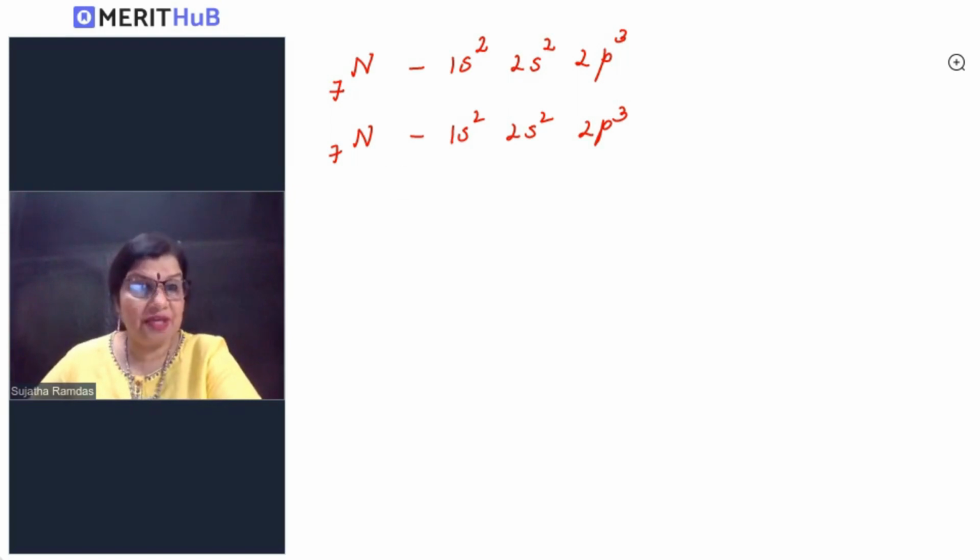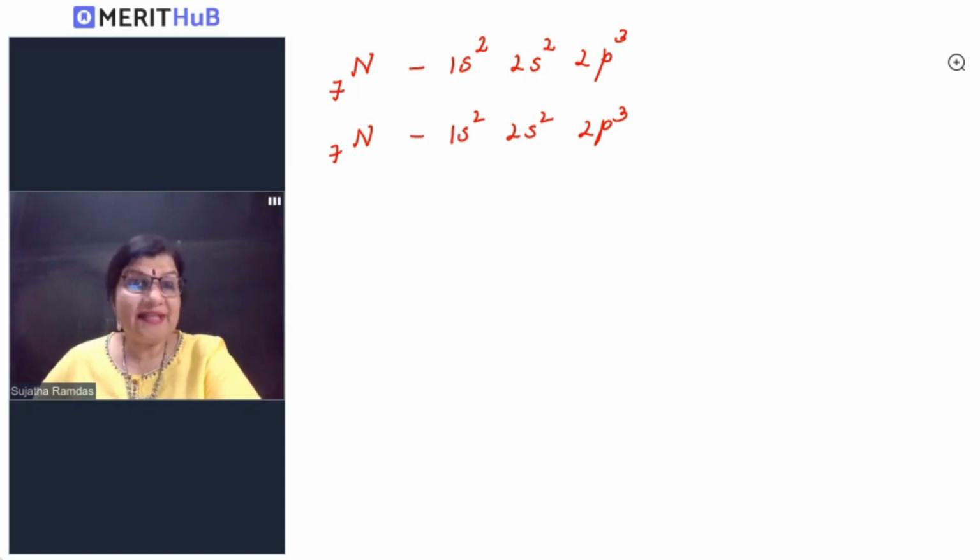Up till nitrogen, there is a specific order of filling of the molecular orbitals by electrons. Each molecular orbital can accommodate only 2 electrons. So first we will write the increasing order of the filling of the molecular orbitals by electrons.